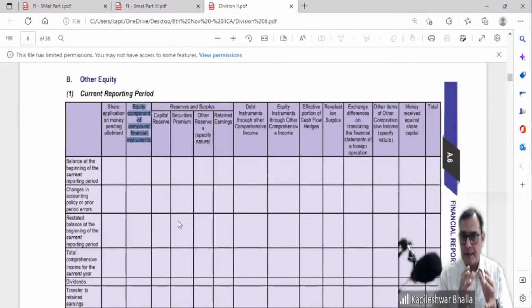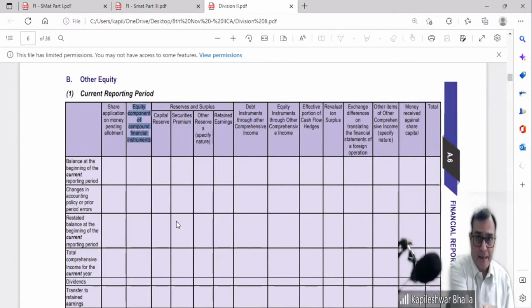So this is tab number 1, because your reserves and surplus is tab number 2, and the OCI elements are tab number 3. So when you're looking at SOCIE, the equity component of the compound financial instrument enters tab 1 of SOCIE, or we can say the other equity.